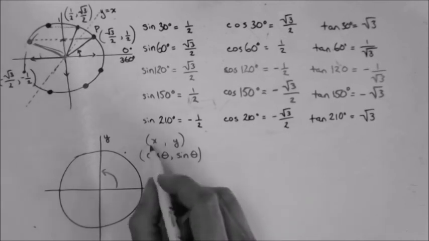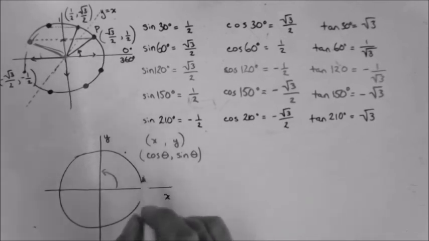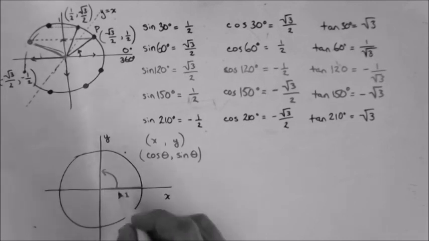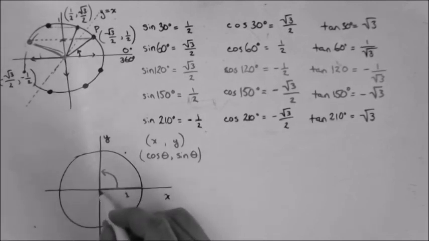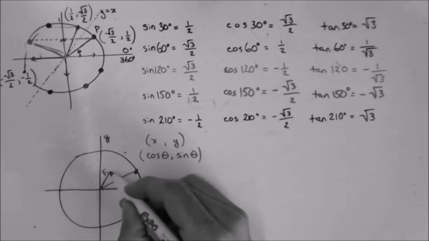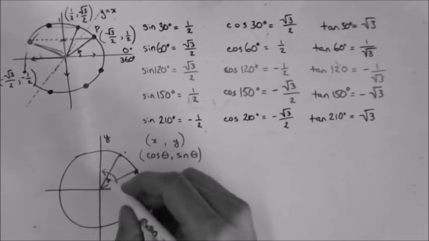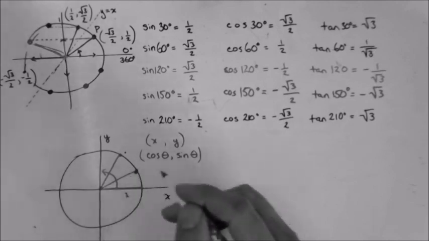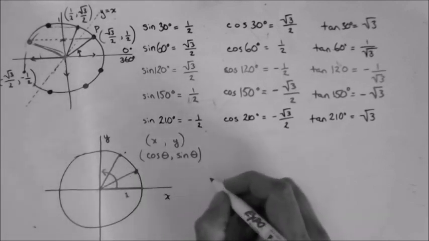What's happening to our x value? Well, it starts out being 1, and then, here at the cosine of 30, we said it was radical 3 over 2, and then over here it's only 1/2, and it's getting closer and closer to 0. It's getting closer and closer to not having any x value.